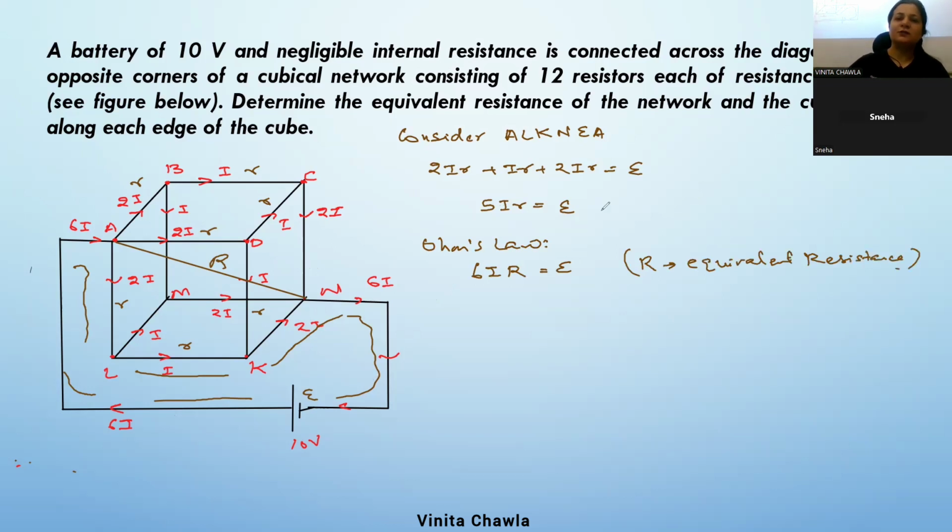Now we can compare these two. From 1 and 2, we can write 6IR is equal to 5Ir. This implies R is equal to 5 by 6 r.